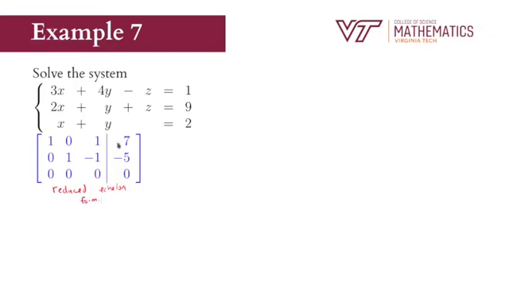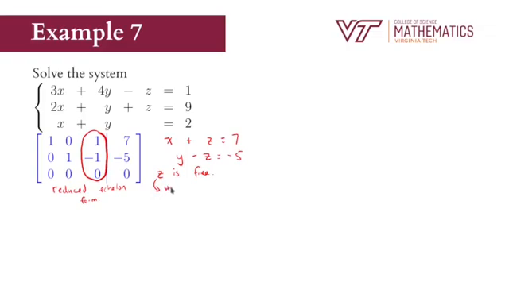What this is saying is that x plus z is equal to 7, and y minus z is equal to -5, and z itself has no leading entry, which means z is free. When z is free, that means we can choose any value we want for z and get a solution.